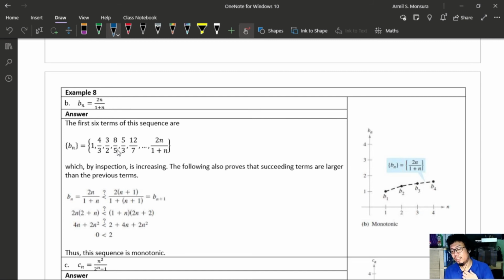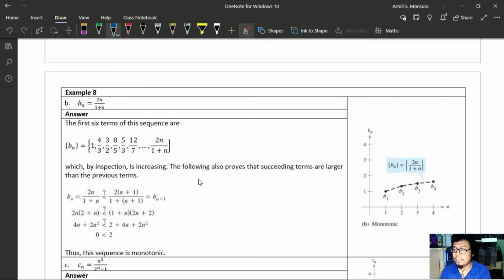The danger in this is that some sequences might be increasing on the first few terms and then start to decrease afterwards, or the other way around. Such sequences are also considered monotonic, but they are monotonic only for some value of n. Later on we will know that in that case we can also consider them monotonic. But we determine them analytically.